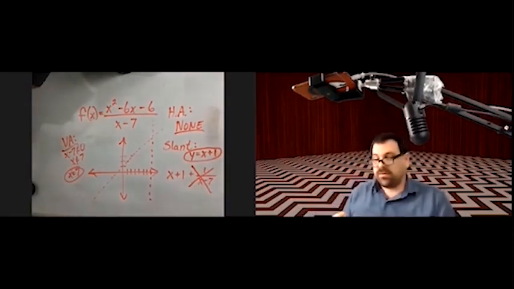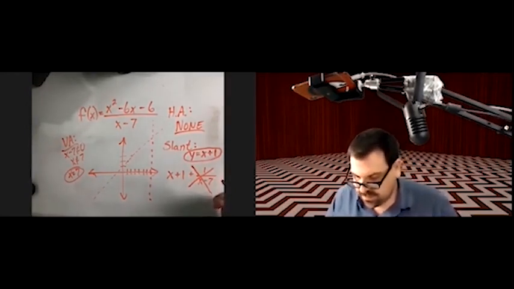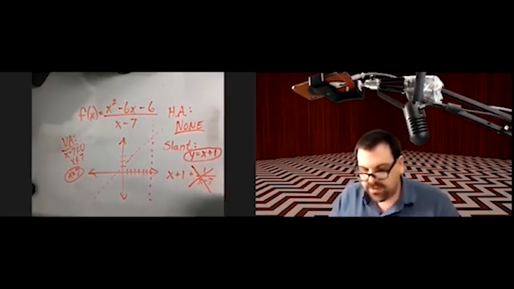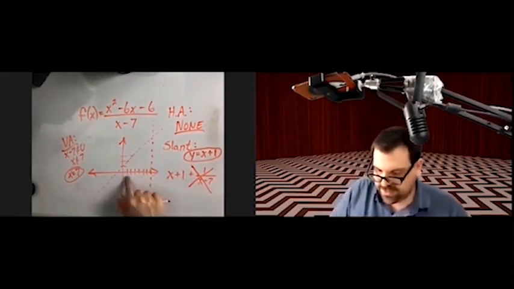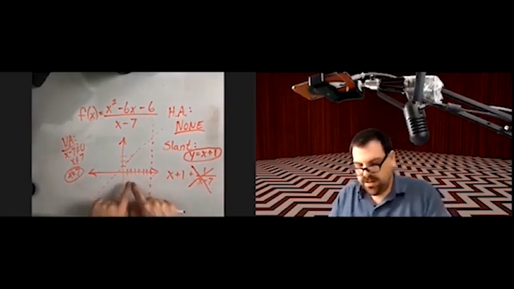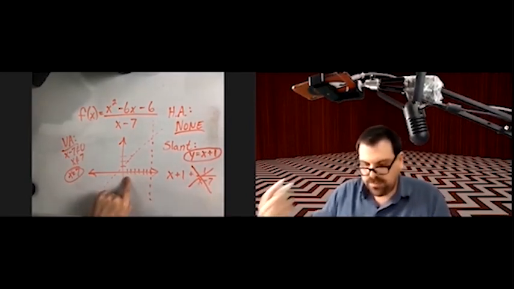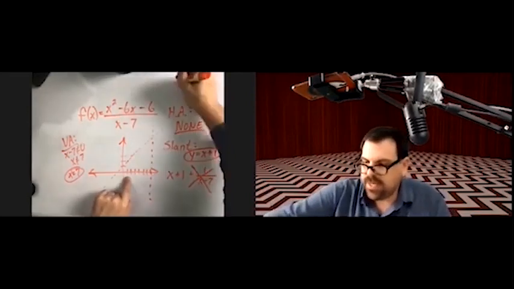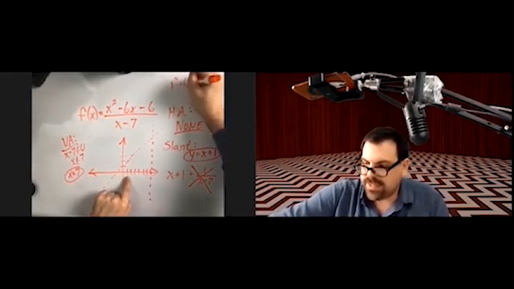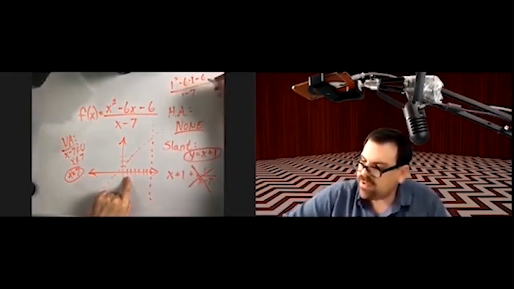And then let's test some value. Let's plug, for instance, x equals 1 in. If we plug x equals 1 in, that would be 1 squared minus 6 times 1 minus 6 over 1 minus 7.